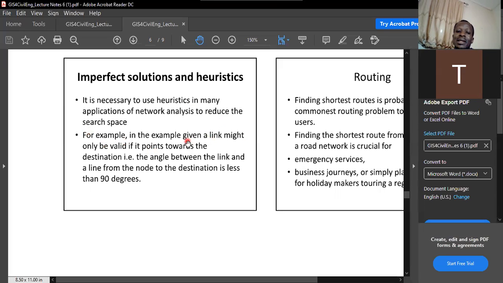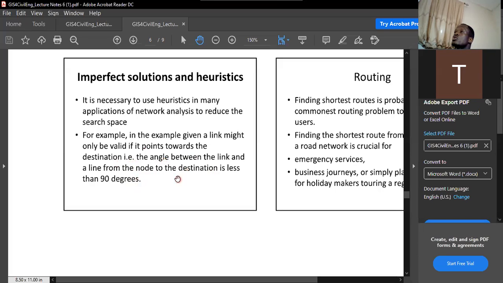For example, a link might only be valid if it points towards the destination. That is, the angle between the link and the line from the node to the destination is less than 90 degrees.